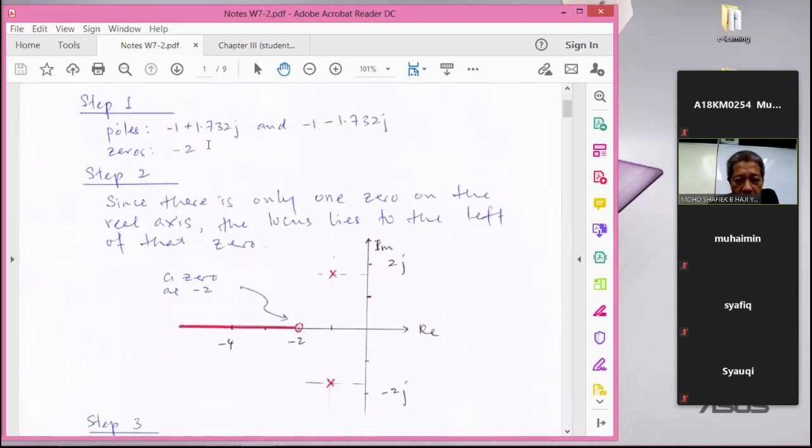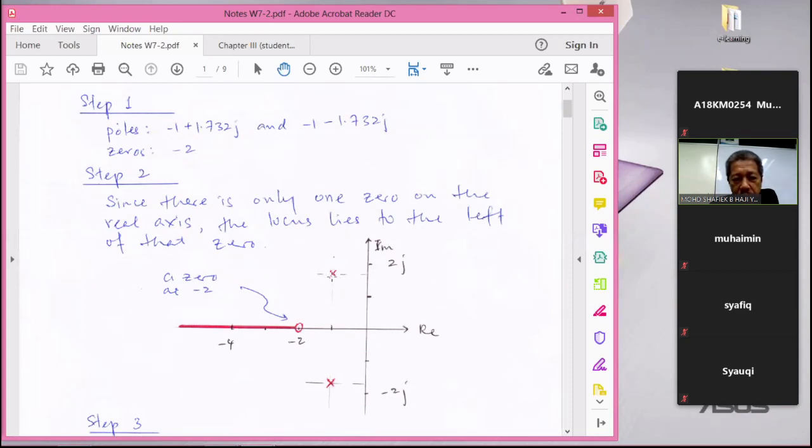So we have 1 zero at -2. Use O for that. Put a small circle around -2 to indicate that it is a zero. And then you're going to have 2 complex poles at -1 plus 1.7j.